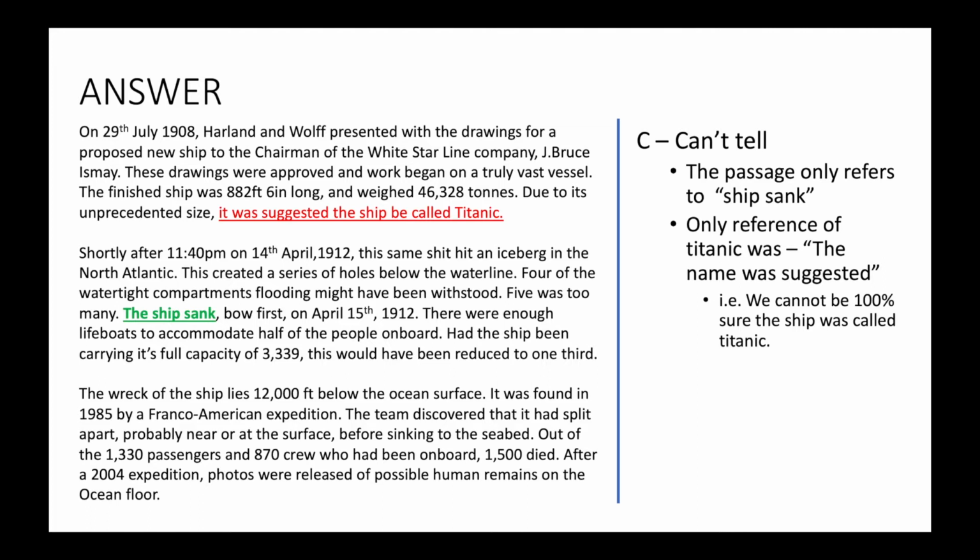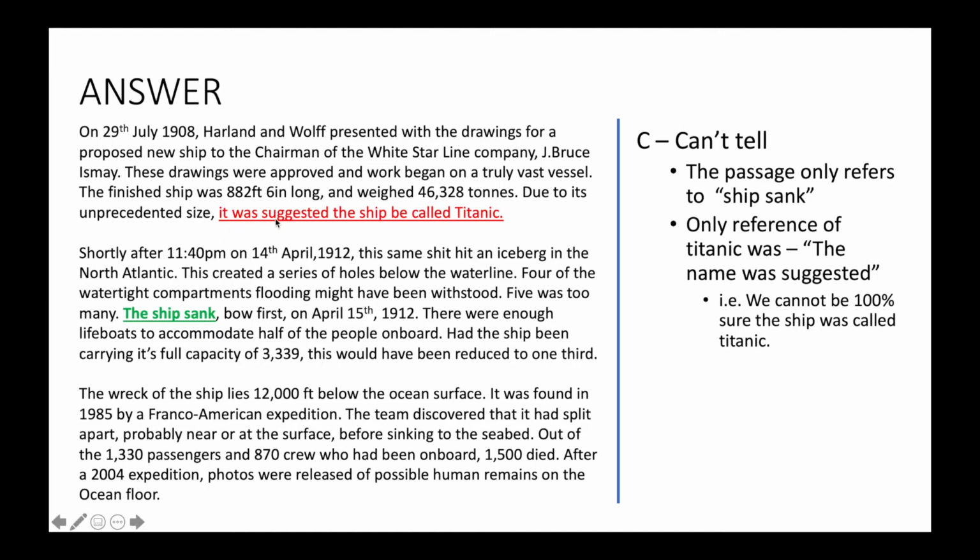Right, so this is a bit of a trick question, and the answer is actually can't tell. Now I know most of you would actually put true, and remember, when you're answering verbal reasoning questions, you can only use information that is available in the passage. So the only reference to the Titanic in this passage is in the line here where it says it was suggested the ship be called Titanic.